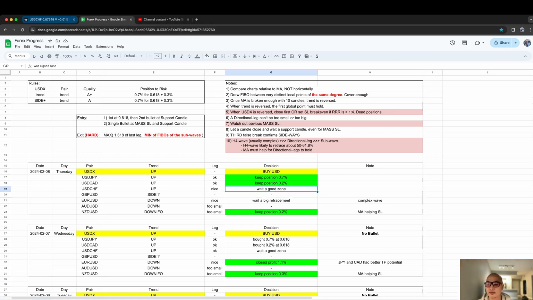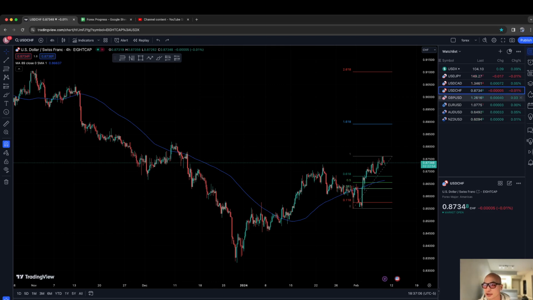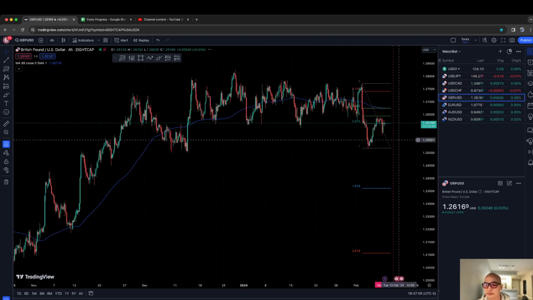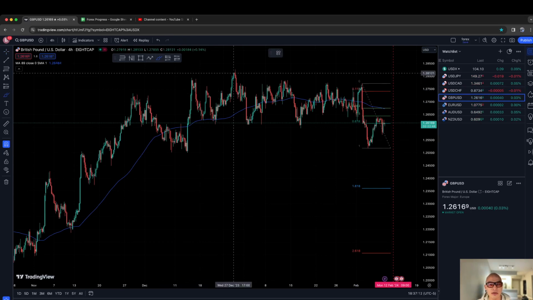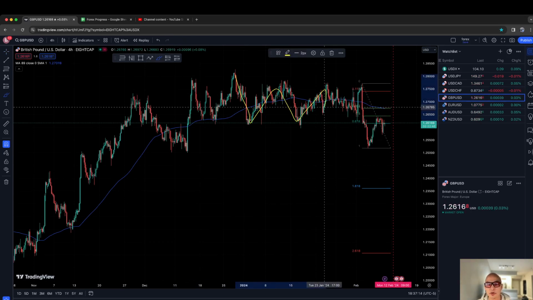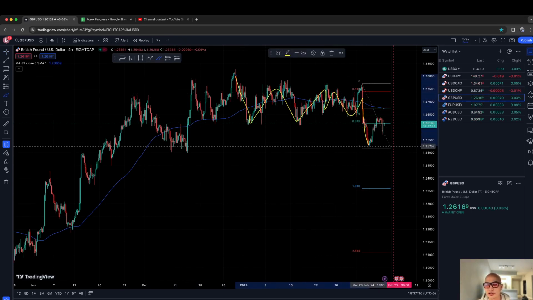Okay. Next pair, pound USD. We have up and down sideways moves going on, and it seems that the downtrend has been starting, but still I would like to be absolutely sure that the downtrend has begun.